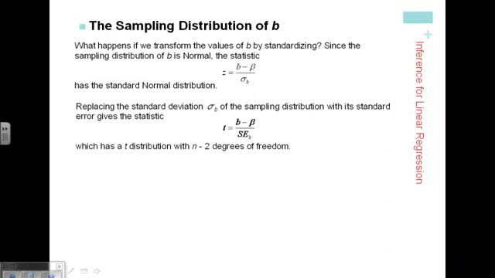So there it is, our test statistic, which is going to show up in step 3 of our 4-step process: t is equal to b minus beta over the standard error of b. And since we're using a t distribution, which is actually a family of distributions, we have to know that we're going to be using n minus 2 degrees of freedom.